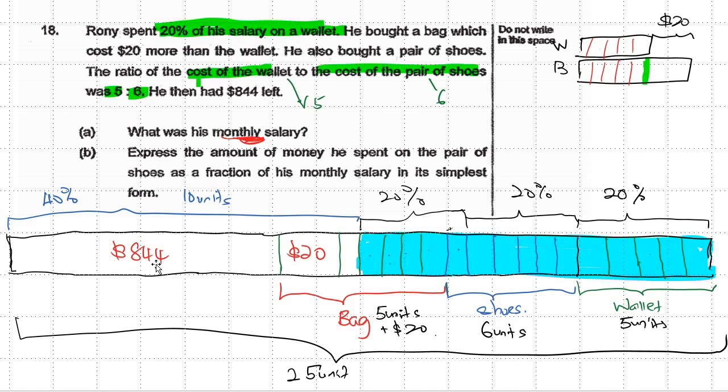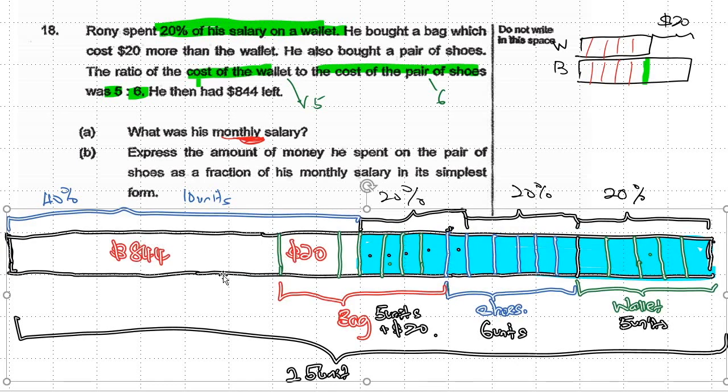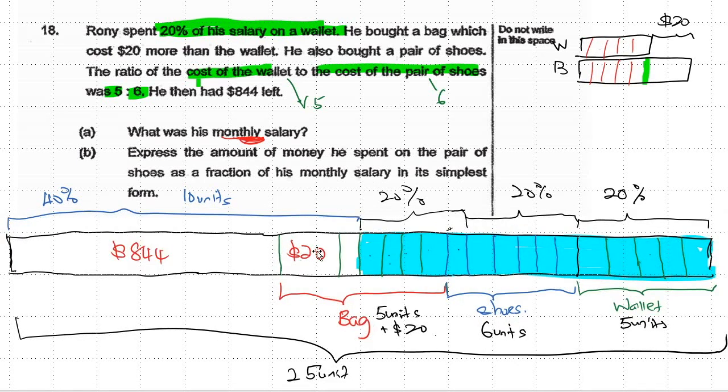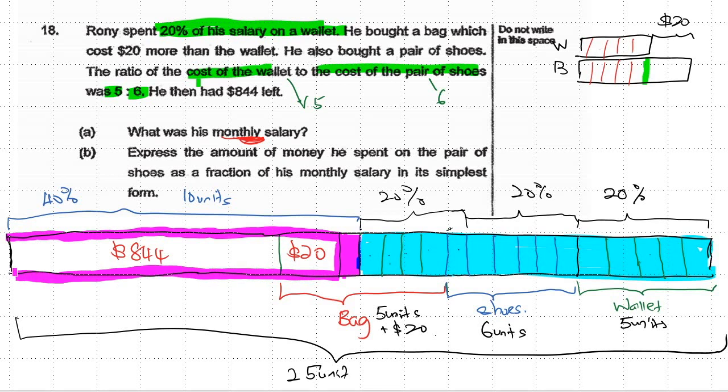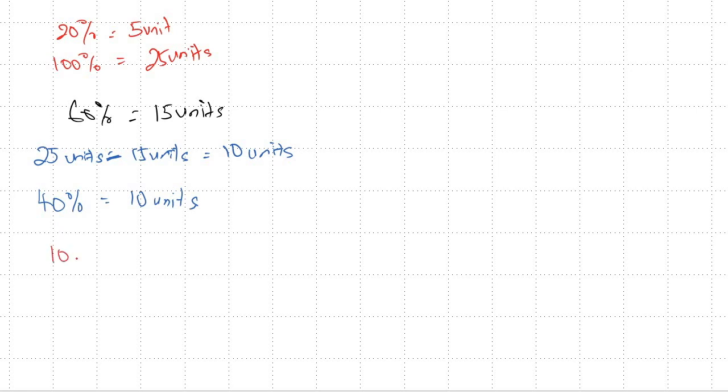If you look carefully at the picture, this 40% is composed of $844 and $20, and then there's 1 unit here. So for this whole thing here is 9 units, because you take the 10 units and minus away that 1 unit, which gives you 9 units.